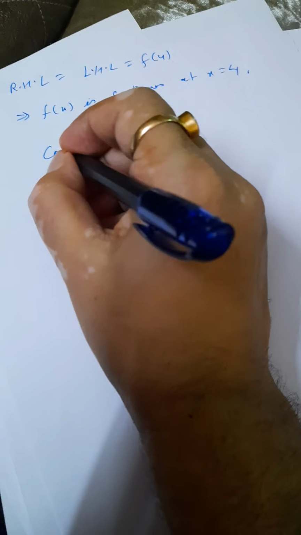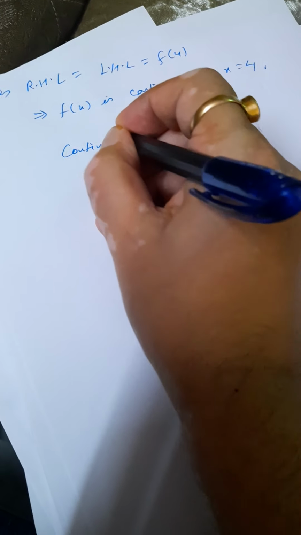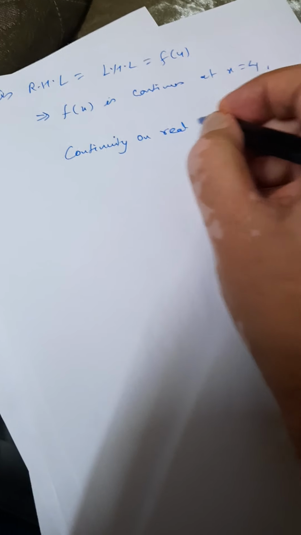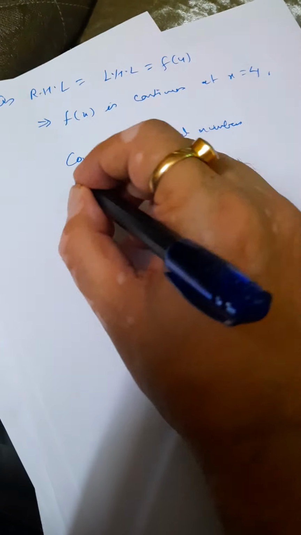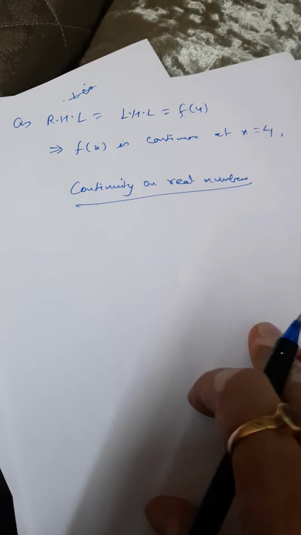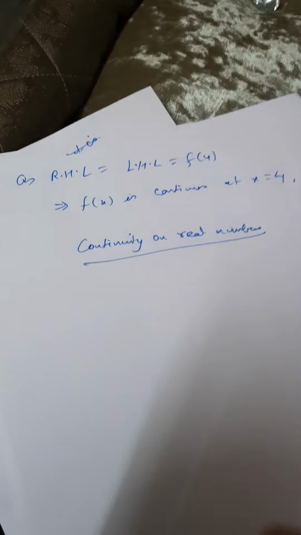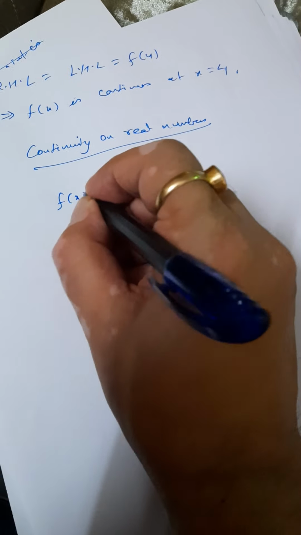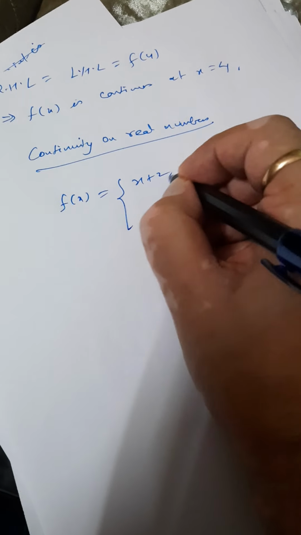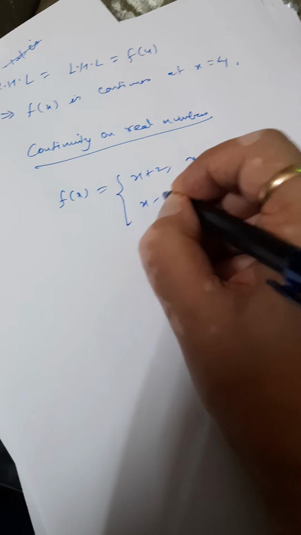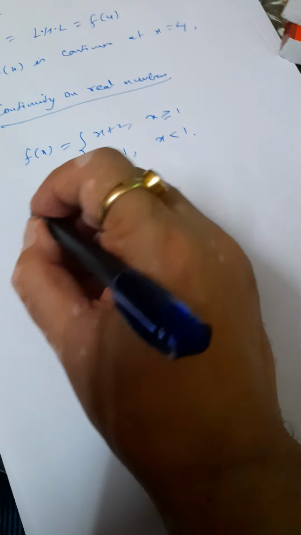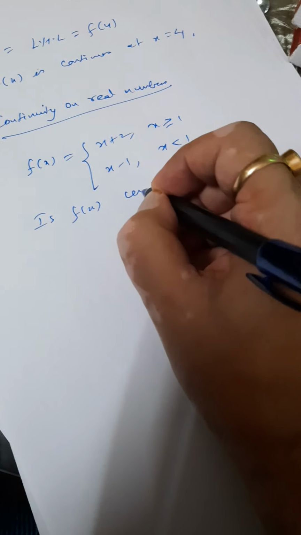Likewise, you can have a function that is discontinuous at a point. Now I have continuity on real numbers. Once you say a function is continuous on the whole real line, that means it's continuous at every point of the real line. Even if it's discontinuous at one point, it will be treated as discontinuous. For example, f(x) equals x plus 2 if x is greater than or equal to 1, and x minus 1 if x is less than 1. Is f(x) continuous?